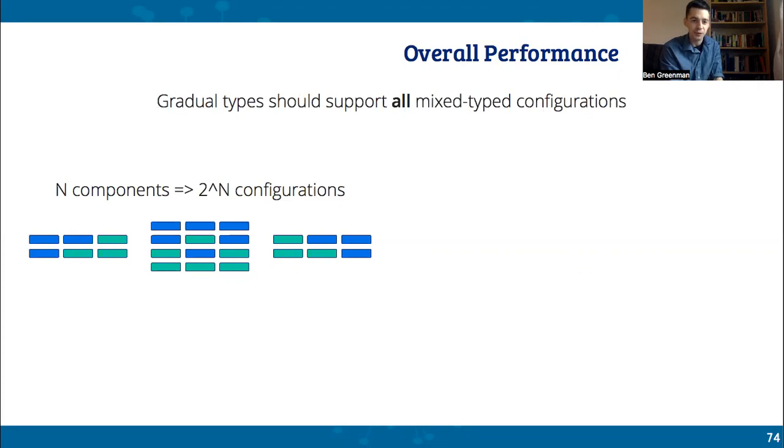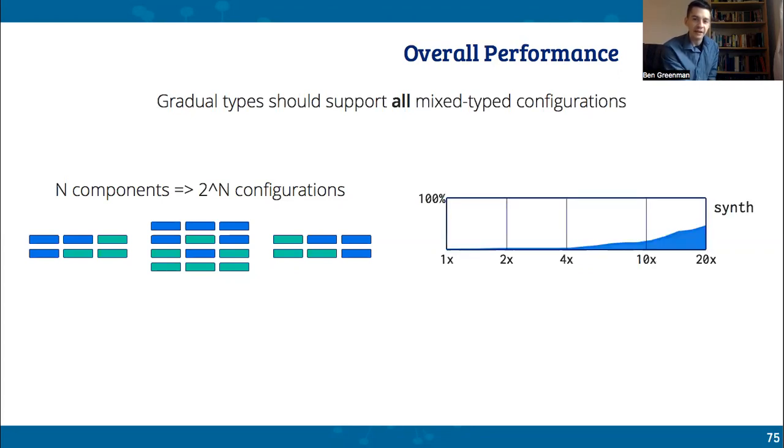So we're interested in what's the performance of each one of these, because if we give programmers access to gradual typing, they might want to use any point in this configuration space. Now we represent the performance using a plot like this one on the right. The y-axis is counting configurations out of a lattice like this one. And the x-axis shows different upper bounds for what is too slow performance, or another way, what's good enough performance.